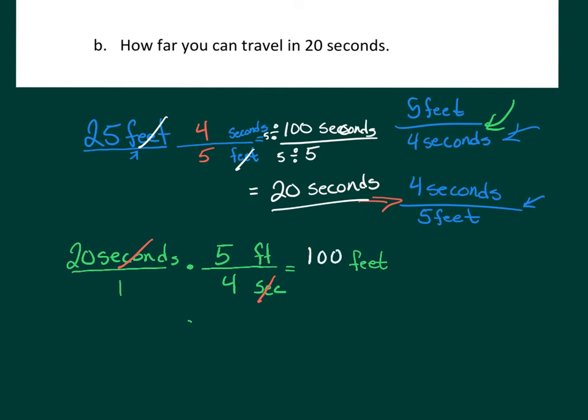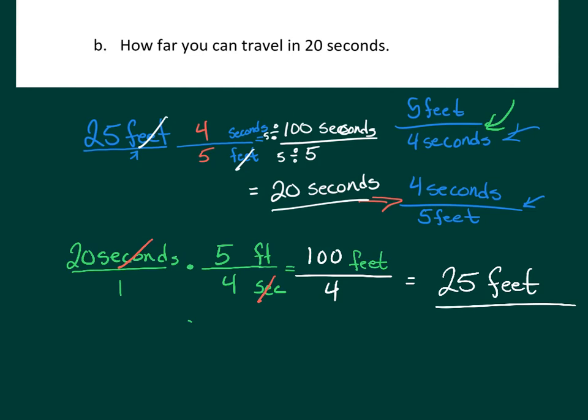So you'll have 100 feet over 4. Not 4 seconds, because your seconds canceled out. So now you have 100 feet divided by 4. So this would be equal to 25 feet. So my answer would be 25 feet.